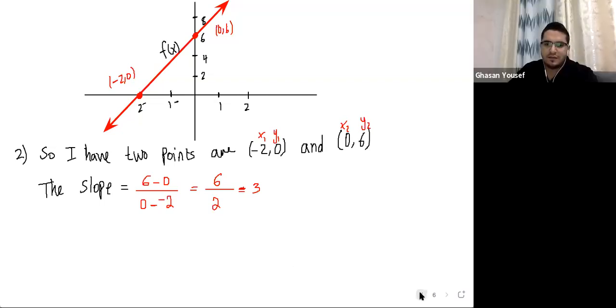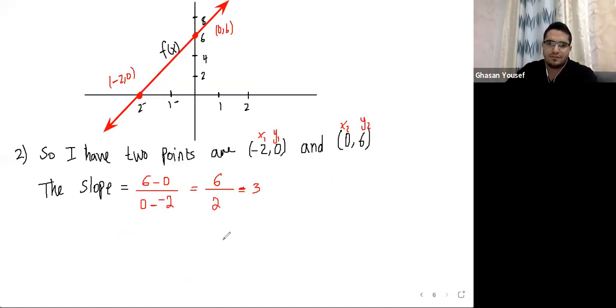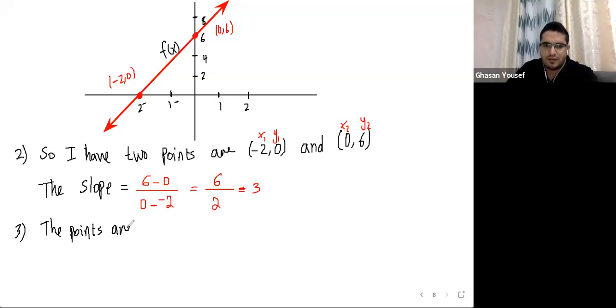The third part, find the average rate of change of the function f. To find the average rate of change of the function f, I also need 2 points. The points are the same as before, -2, 0 and 0, 6.